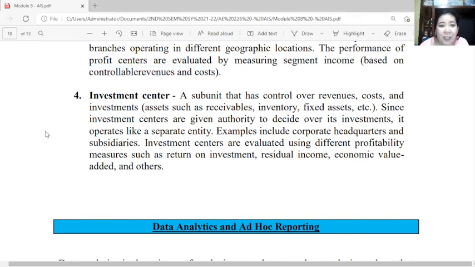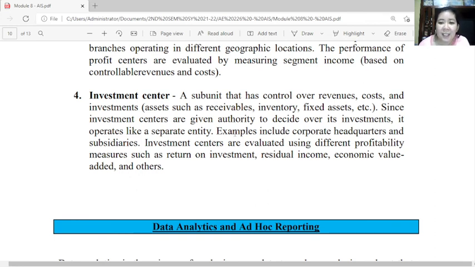And lastly is our investment center. For the investment center, this is a subunit that has control over revenues, cost, and investments. What are the examples? Receivables, inventory, fixed assets. Since investment centers are given authority to decide over their investment, they operate like a separate entity already. Because in this case, it is a subunit that controls its own revenue, cost, and investment.